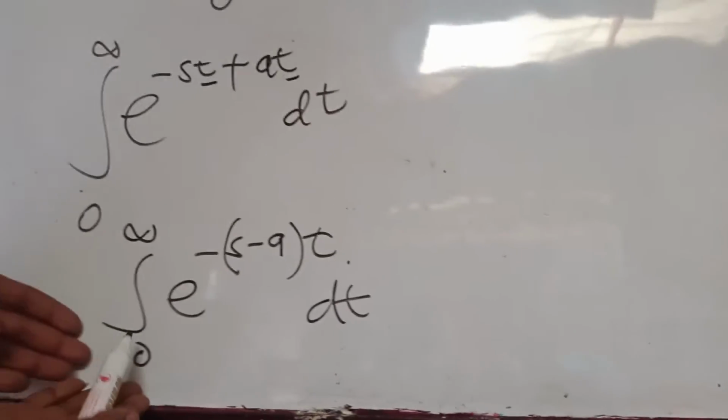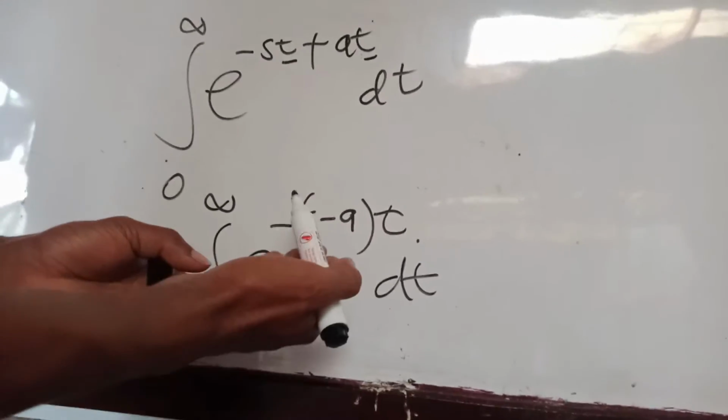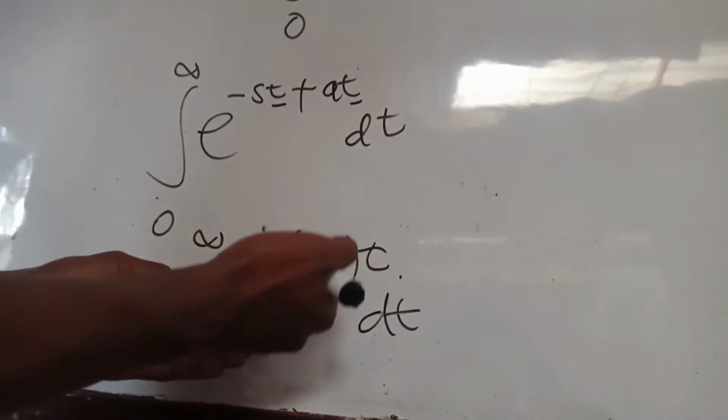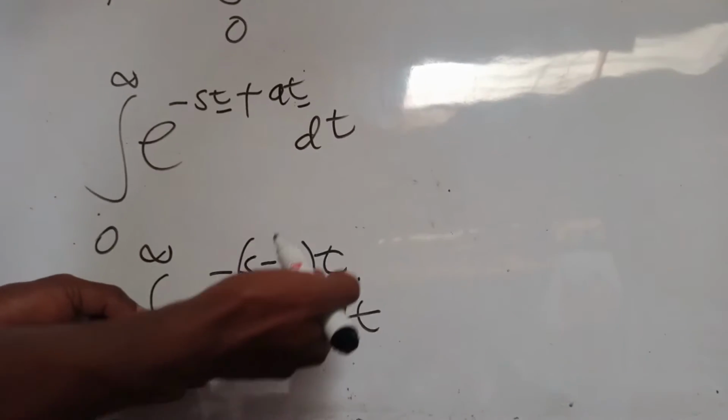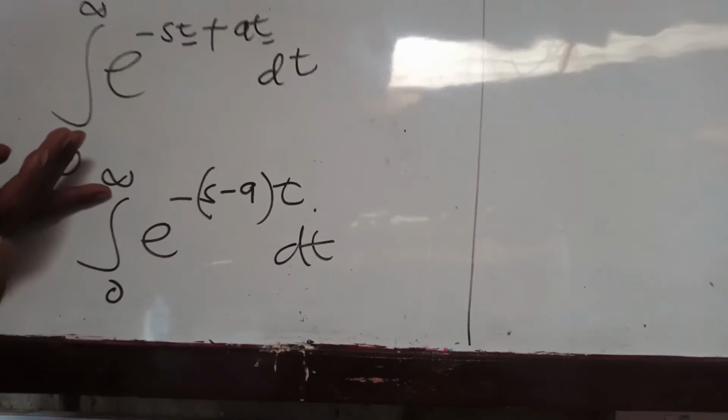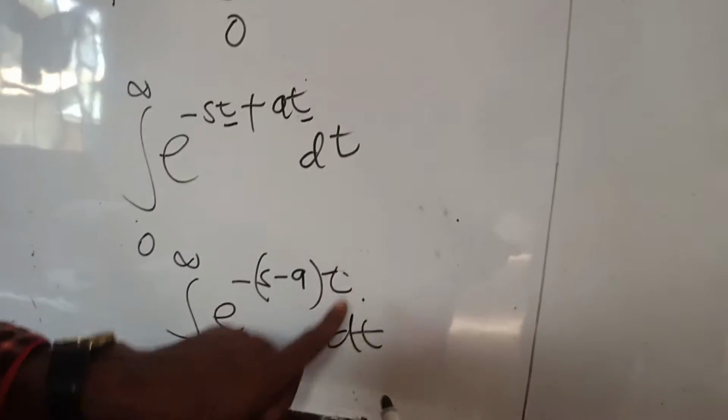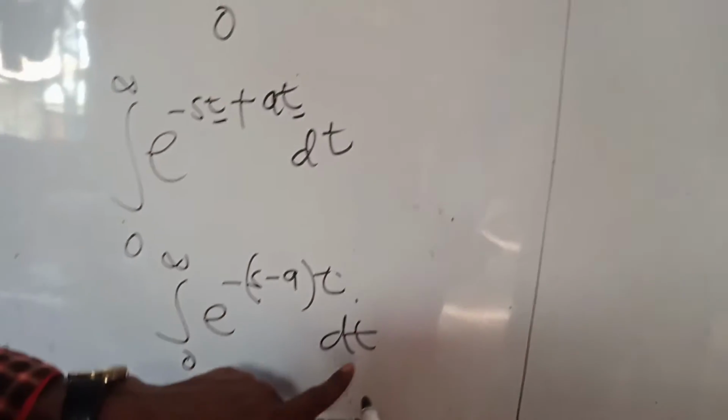So we are not done. We are still integrating the exponential raised to negative, in brackets, s minus a, close the bracket, t. And this is what we do now when we put the limits, because we have the limits as 0 and infinity. So integrate e raised to negative s minus a t with respect to t.